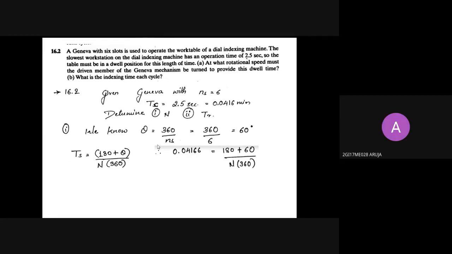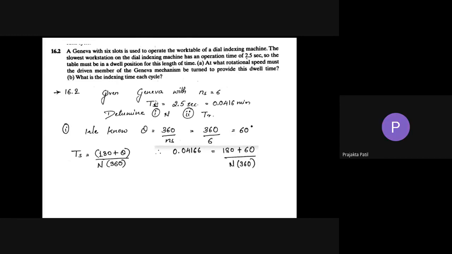Ma'am, to find n, we can use Tc is equal to 1 upon n, that equation as well. Yeah, you can. But here I have written this by mistake.